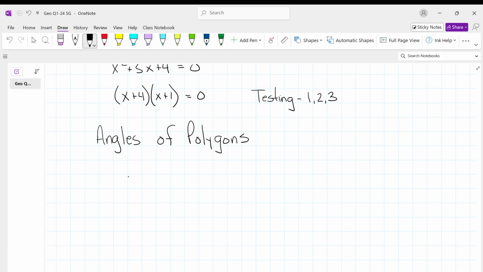First, before we talk about angles of polygons, we're going to define a diagonal.